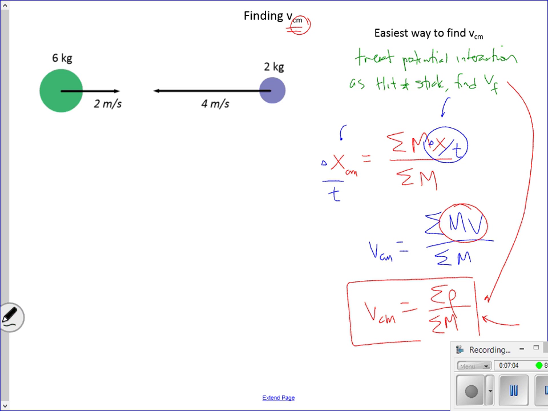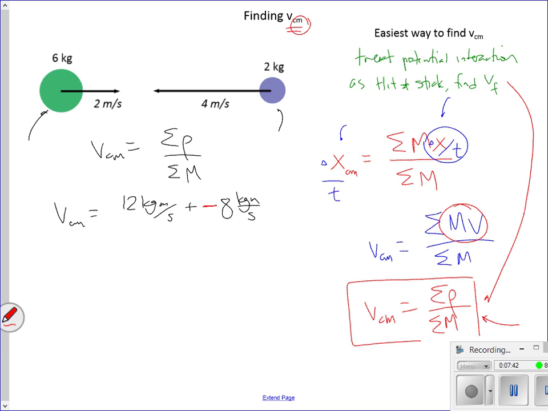So let's see, VCM is net P divided by total momentum divided by total mass. Well, this object here, a momentum of 12 kilogram meters per second to the right, plus this object here, a momentum of 8 kilogram meters per second to the left.